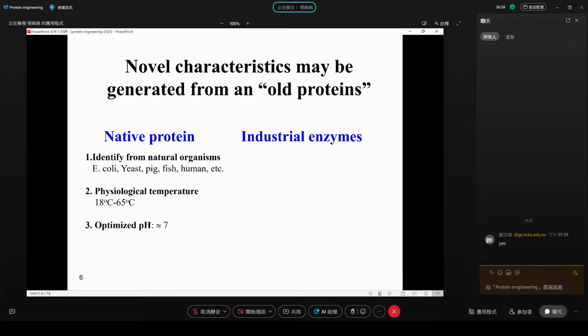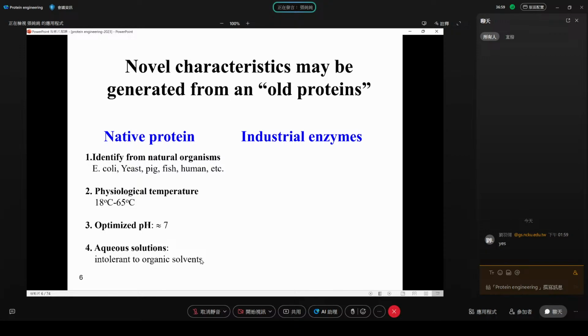The pH of most organisms will be nearly pH 7, but a lot of acidic solvents, right, and alkaline solvents, these native proteins cannot adapt to. So most proteins can only survive in aqueous solution, like a buffer system.